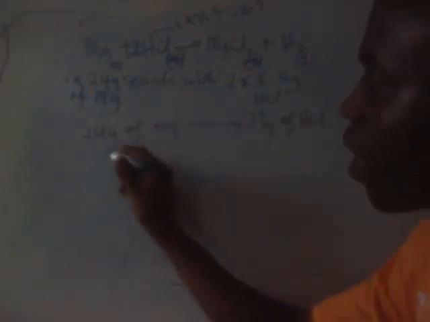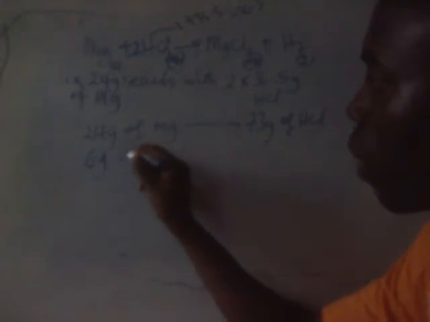Then the second line will be from the question. It said, how many grams of hydrogen gas will be liberated when 6 grams of magnesium ribbon? 6 grams of magnesium is given. This side is for magnesium, this side is for hydrochloric acid.